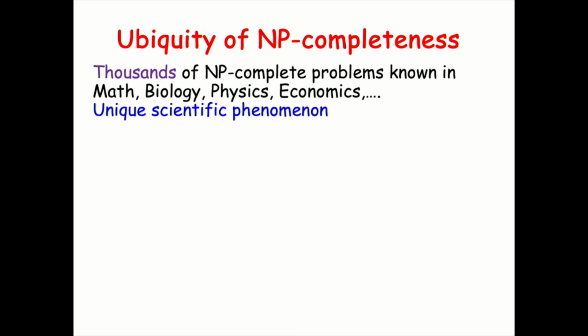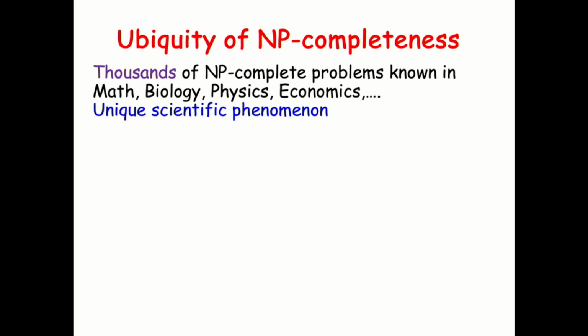Anyway, NP-complete problems appear not just in computer science and math, but they appear in biology, physics, economics, and so on. And it's sort of amazing that this computer science notion appears even in the title of hundreds of papers across the scientific field. So I don't think there's any other mathematical notion with this property, and you have to wonder why.